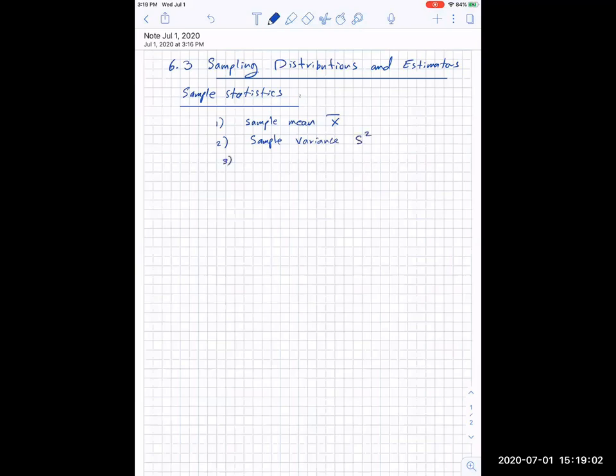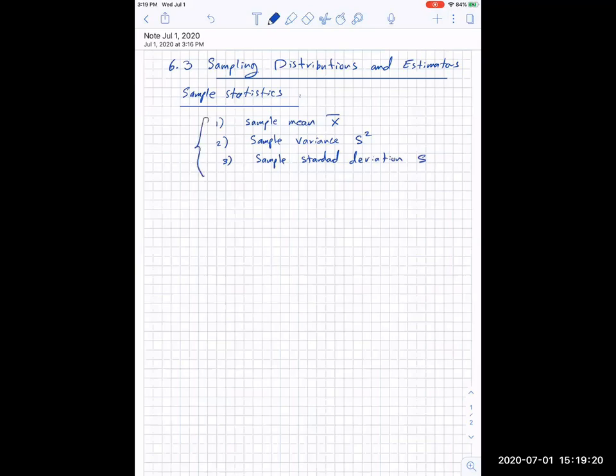And number three, the sample standard deviation, S.